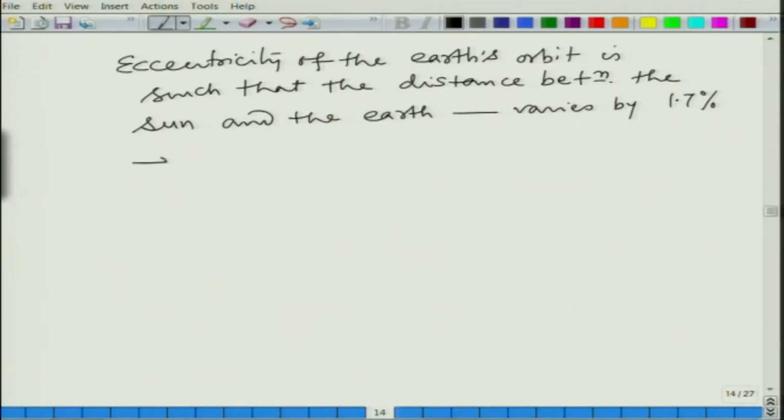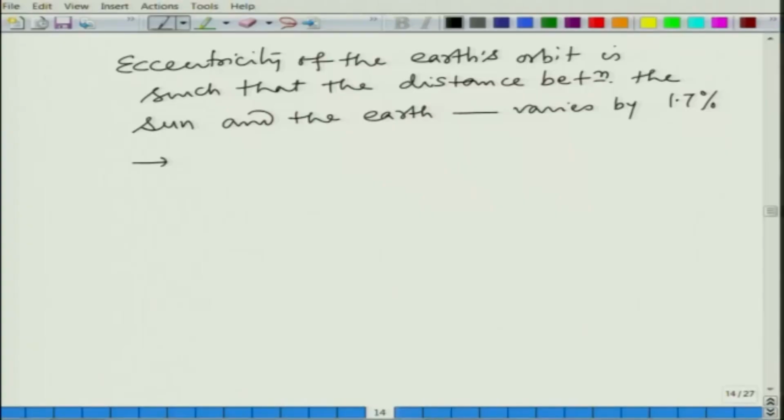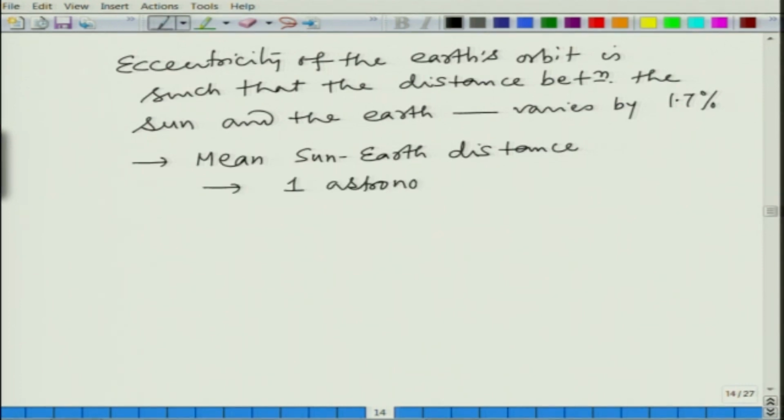Okay. So, when we have a variation, what do we do? We need to find the mean. Because whenever we have a variation, if we do not have the mean, then it is difficult to enumerate that variation. So, we take the mean Sun-Earth distance, and it is also called one astronomical unit.